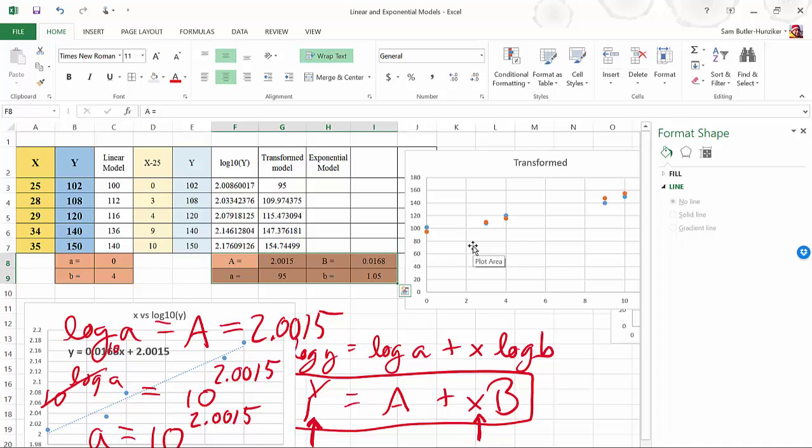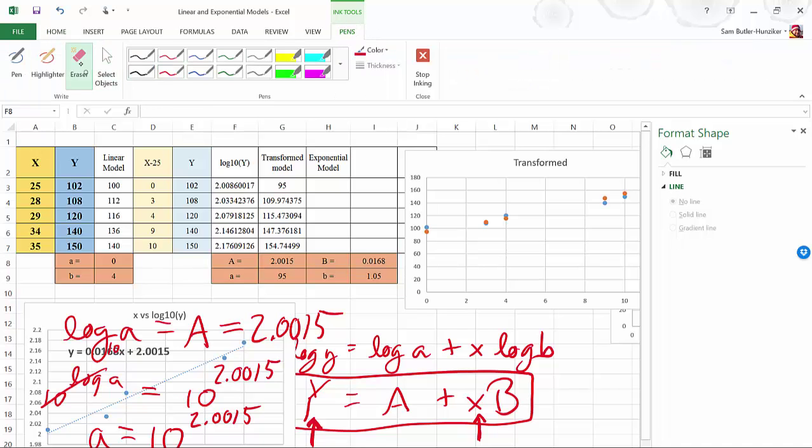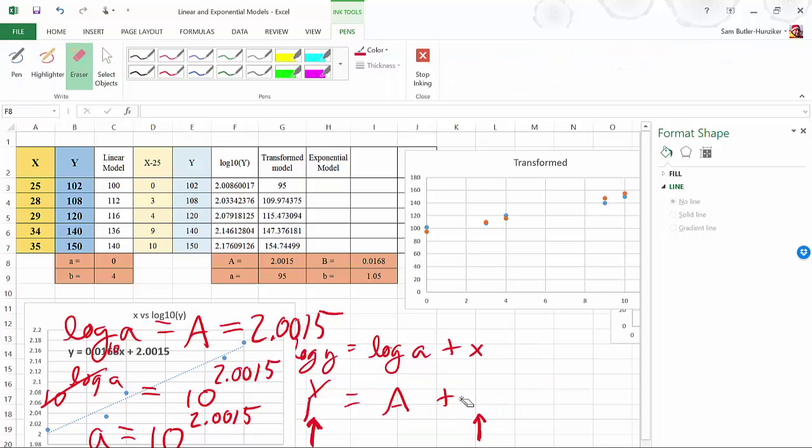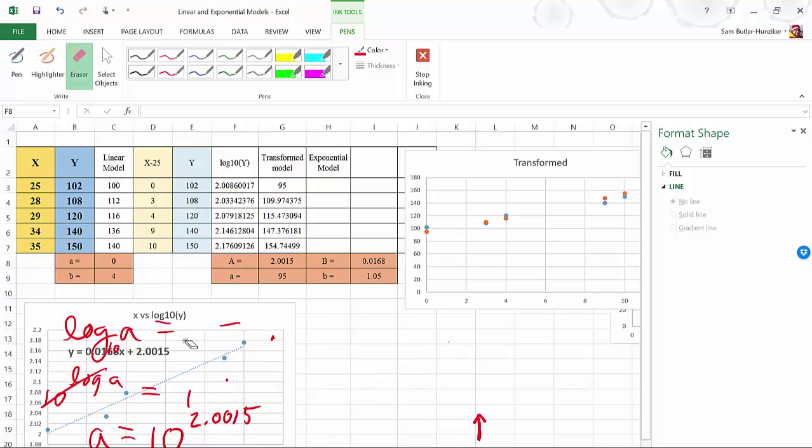The last step is we weren't trying to come up with a graph for our transformed model. We're trying to come up with a graph for our original data. So let me get some space here. And what we've done is we've come up with a graph not for x and y, but for x minus 25 and y.